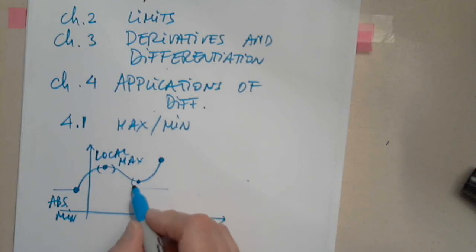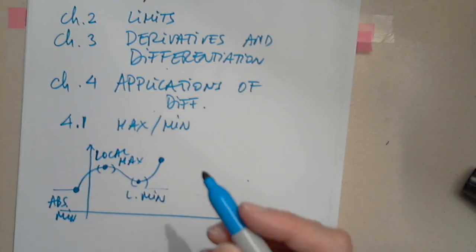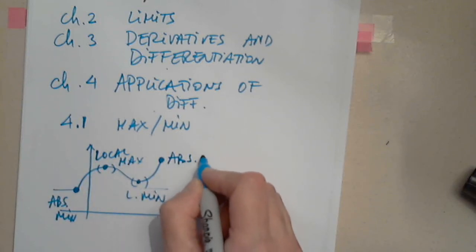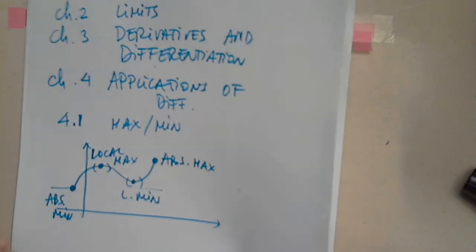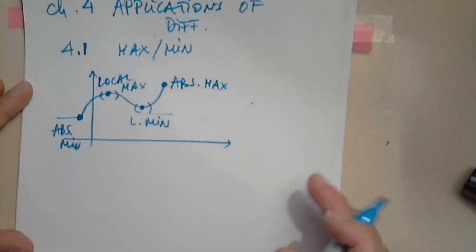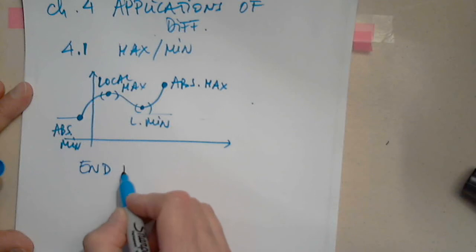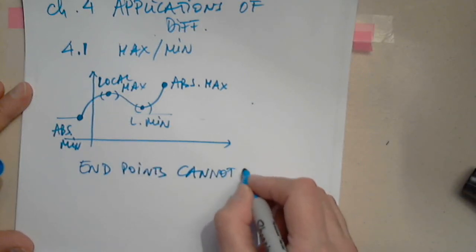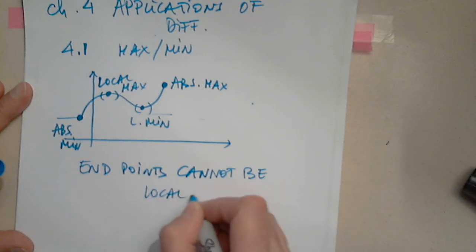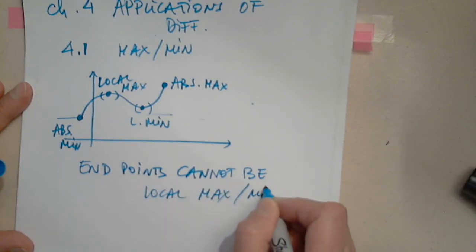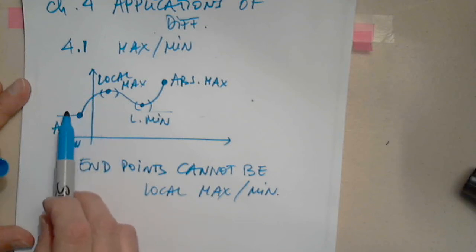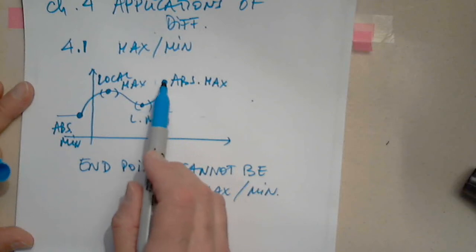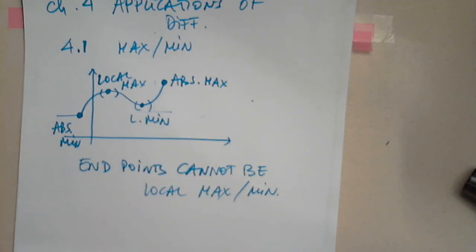Of course, this will be a local min, and this will be an absolute, not local, max. Endpoints cannot be local max or min. Why? I cannot show the open interval. The function doesn't exist on this side.